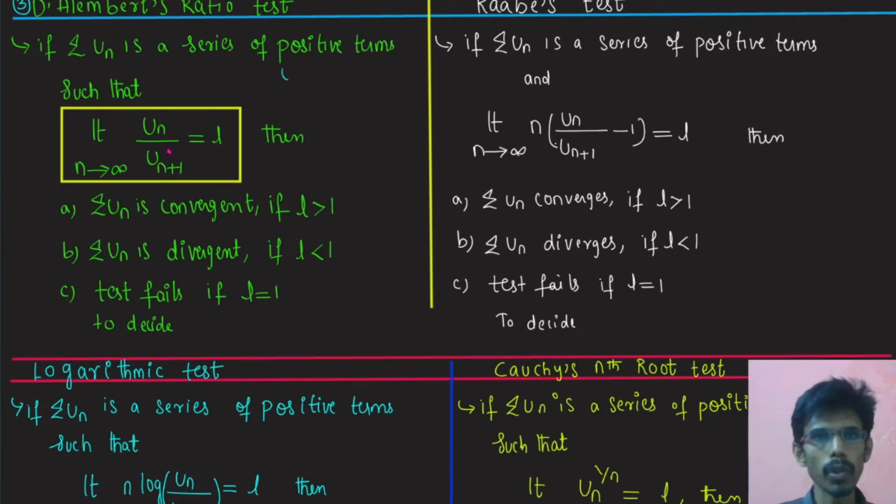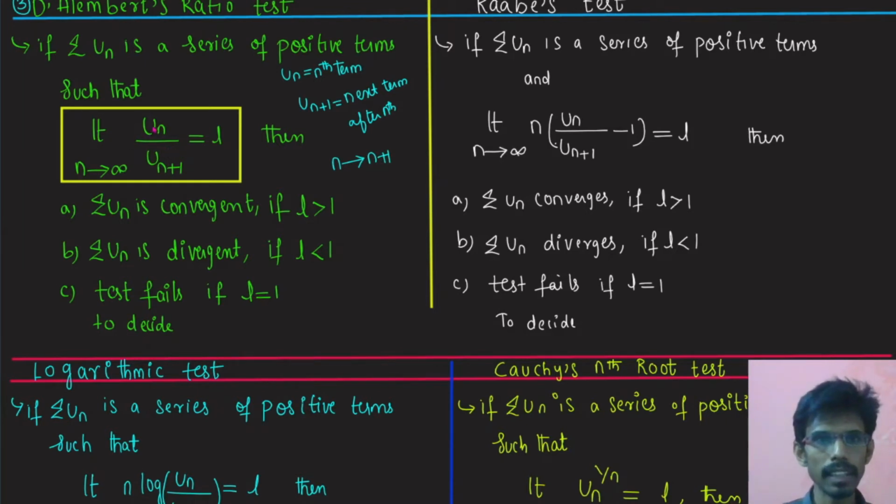Here un is the nth term of the series, and un plus 1 is the next term after the nth term. We can obtain un plus 1 by putting n as n plus 1 in un.